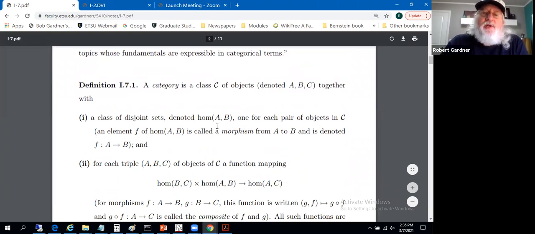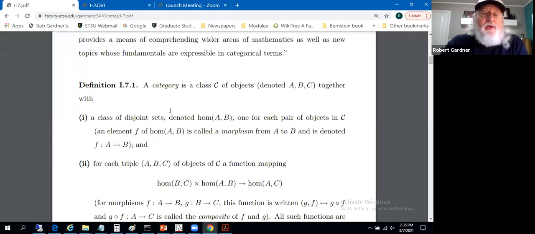A category is a class C, calligraphy C, of objects. We'll usually denote the objects with capital letters, together with a class of disjoint sets denoted Hom(A,B), one for each pair of objects in the category C, and an element of Hom(A,B) we'll often denote with lowercase letters.